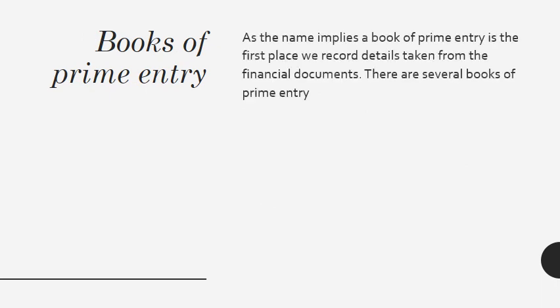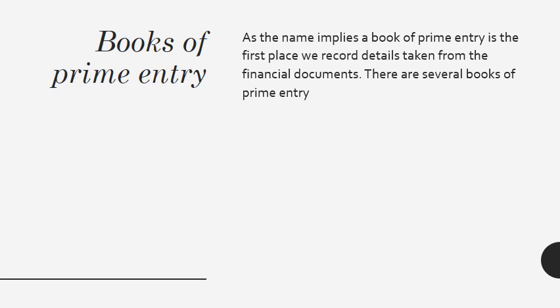Now, all of those financial documents will then be entered into one of the books of prime entry. And as the name implies, a book of prime entry is the first place in which we will record details of the financial transactions and the financial documents that the business has. Now, there are numerous books of prime entry.